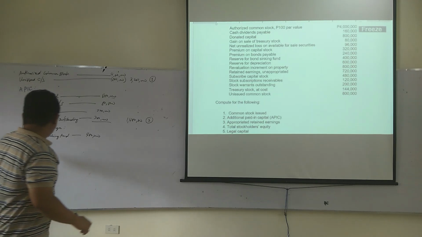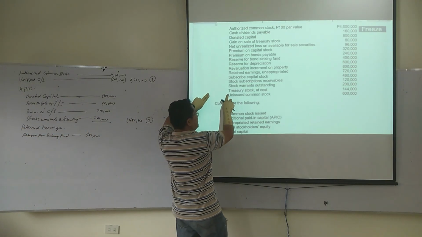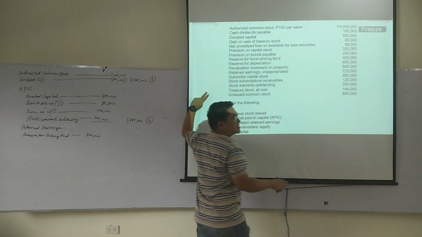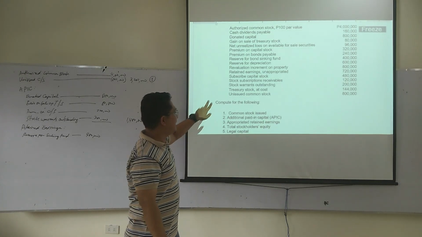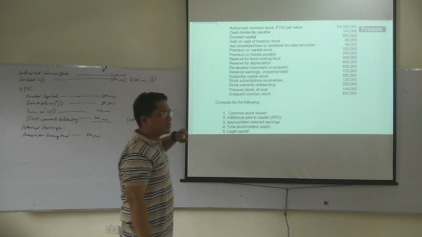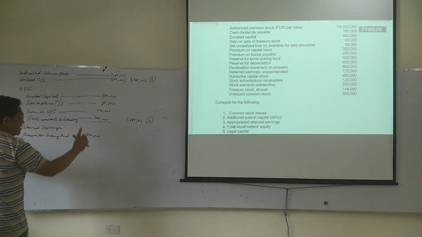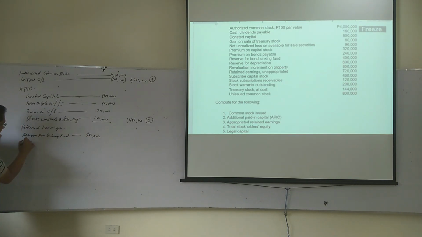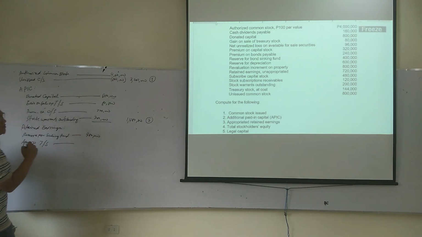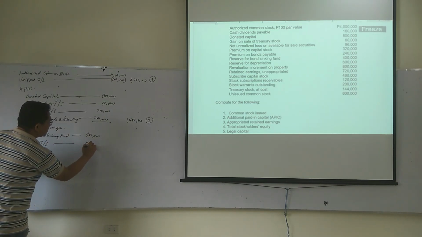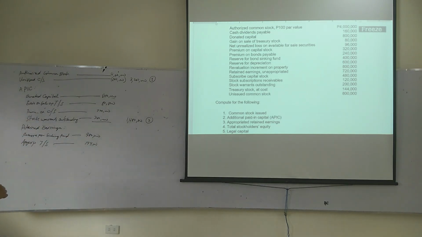Then every time the company reacquires its stock or purchases treasury stock, you must appropriate retained earnings for that. So appropriation for treasury shares of 144,000.